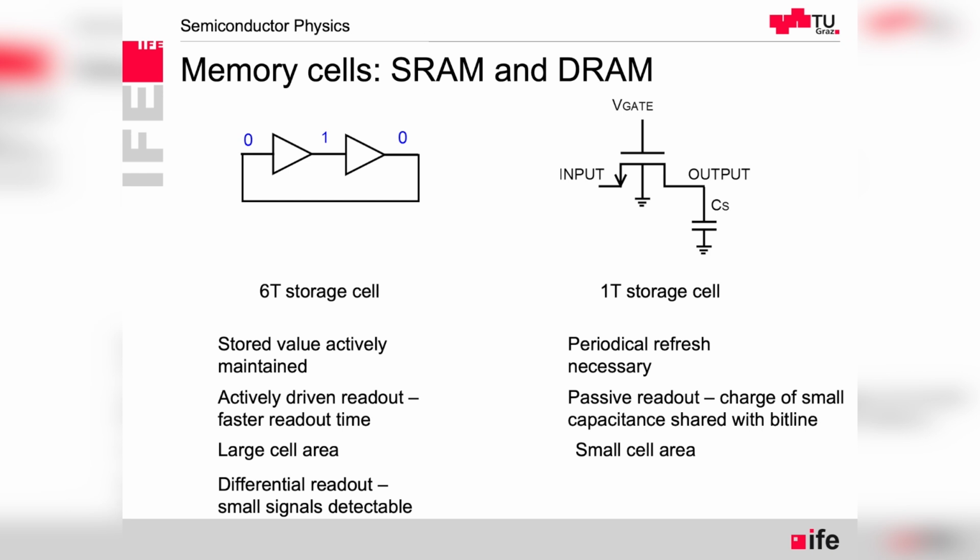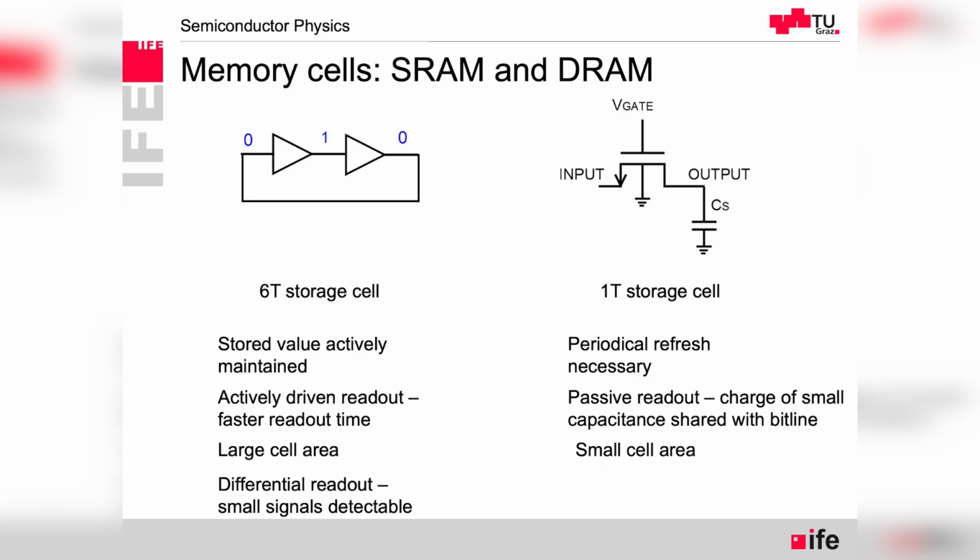In the first place, for SRAM, the stored value is actively maintained. As long as the power supply is there, the value in the memory is stored. However, the area of the cell, because of the 6 transistors, is quite large.